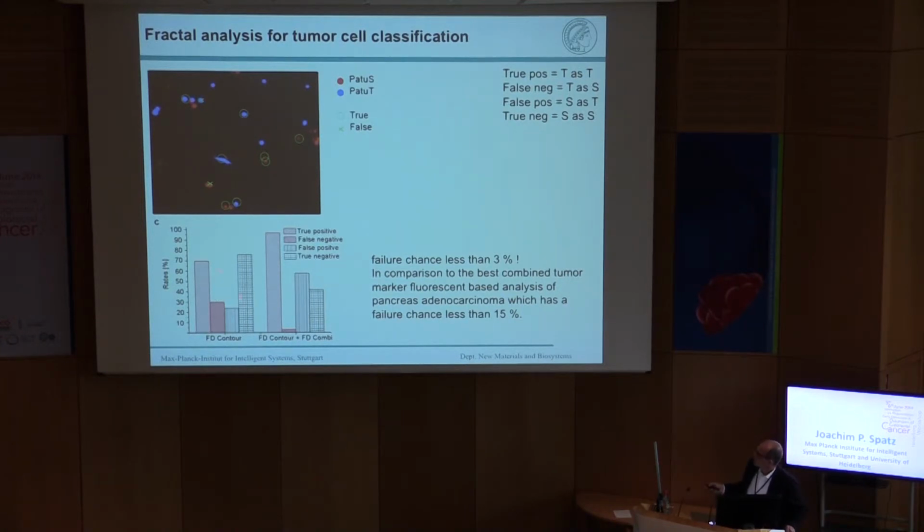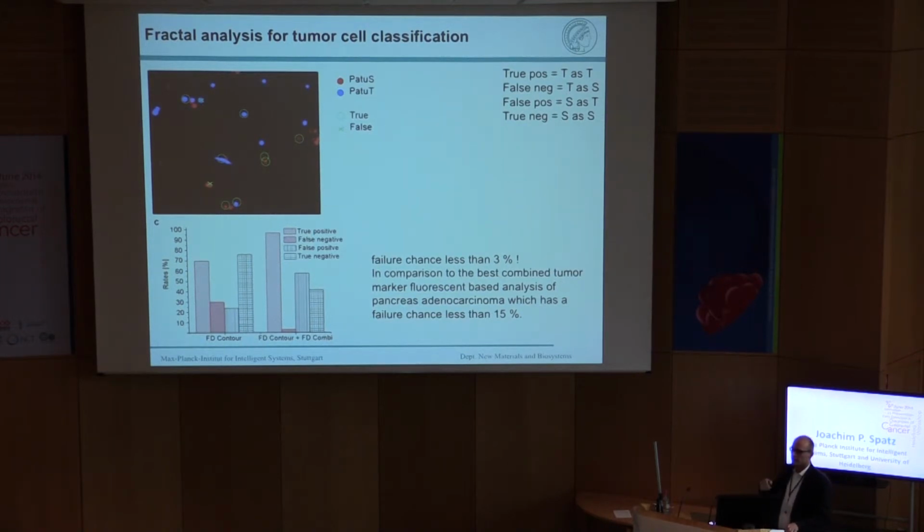And if you just take the contour that's shown here, then you already see there's a distinct success rate. This is the measure that you get Pat2S correctly. So it's a true positive, and there's about 30% true negative.